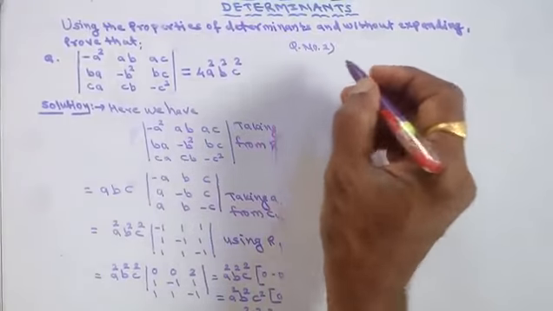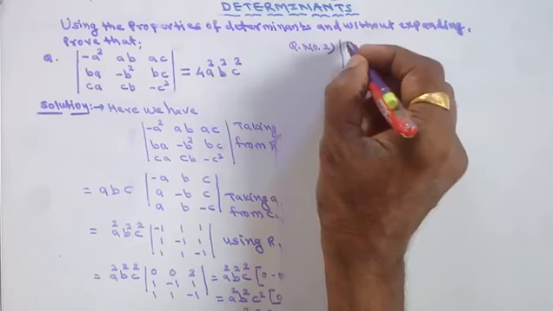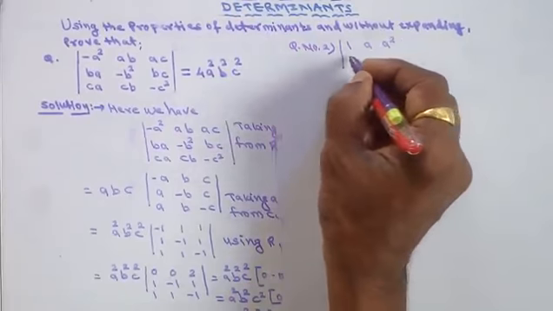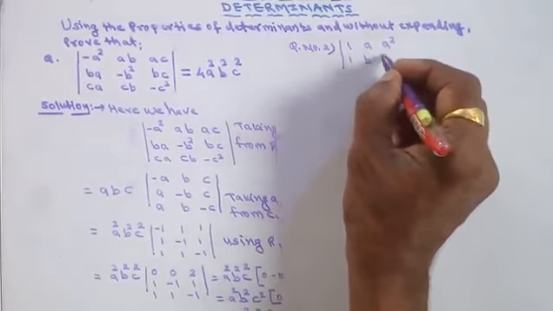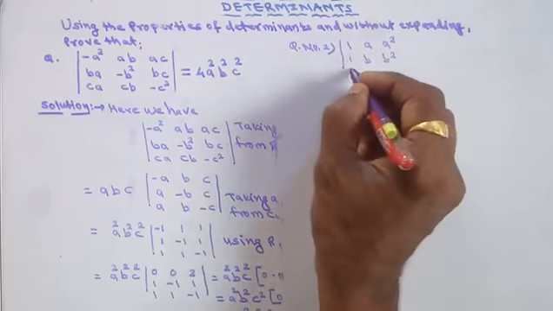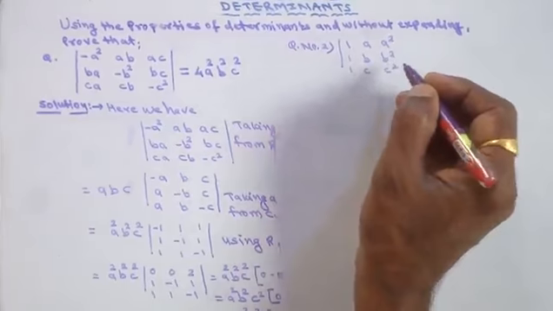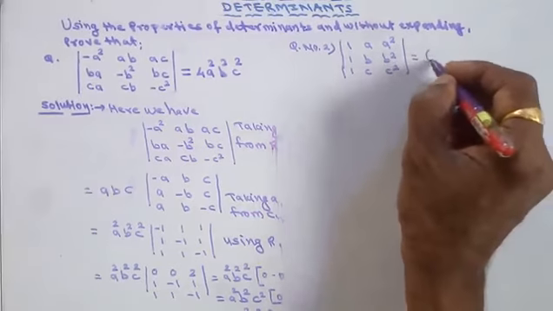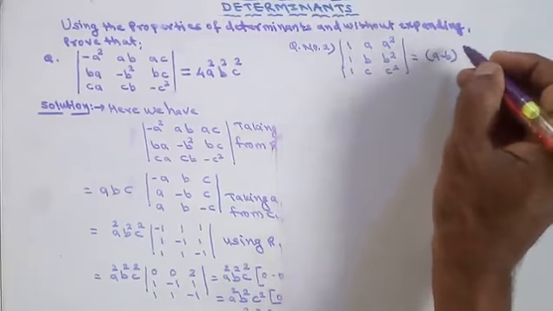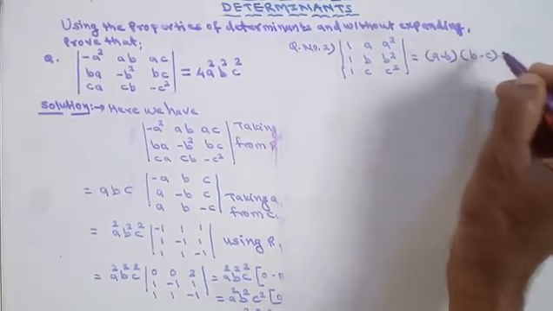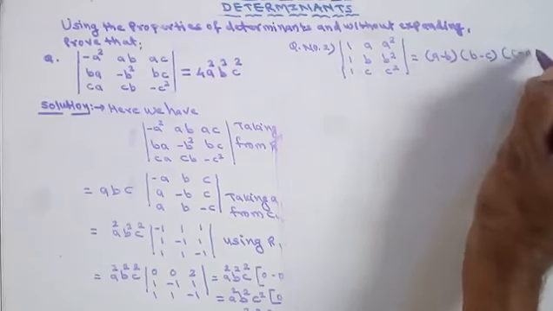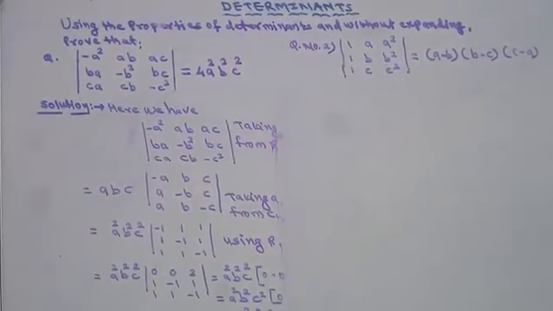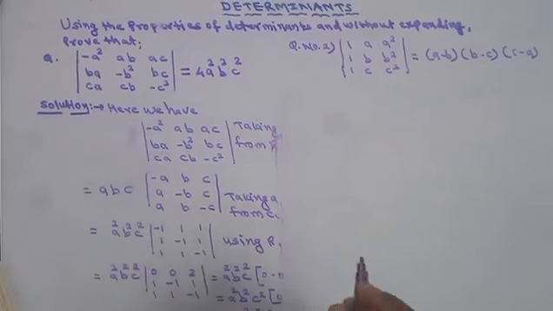Show that the determinant 1, a, a square; 1, b, b square; 1, c, c square is equal to a minus b, b minus c, c minus a. Try to prove that the value of this determinant is (a minus b) into (b minus c) into (c minus a).